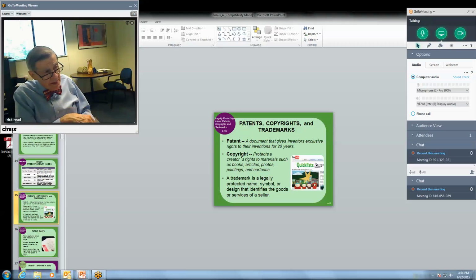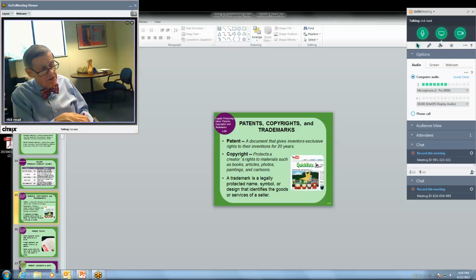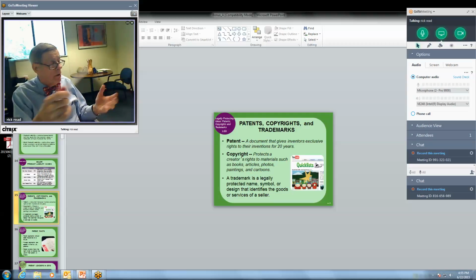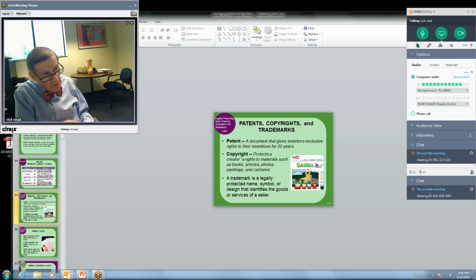A copyright is something that we normally see associated with things like a book, perhaps a movie, a song written, articles, paintings, photographs, etc. Now we don't think of the old masters like Renoir and Picasso as holding copyright, but in fact they could. If they were alive today and decided to copyright that painting, that would mean that nobody could make a copy of the painting without their express permission.